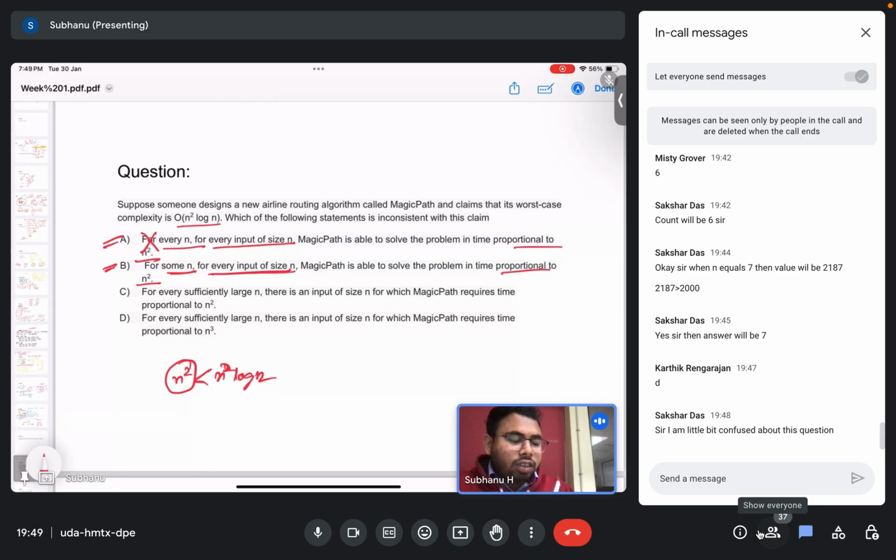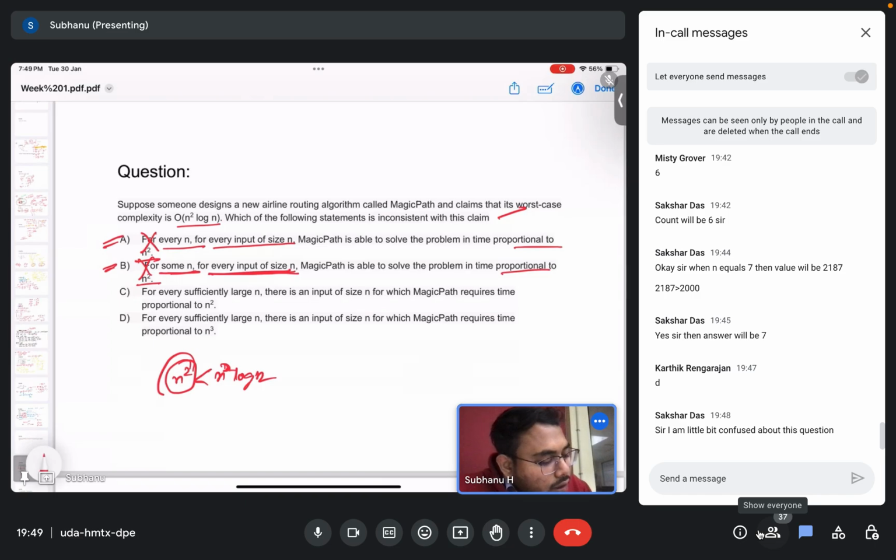Whenever we solve an algorithm, we find the time complexity, and always we find the worst case complexity. We can't change n because n is always a very big number. So we can't commit that for some n, for every input size n, we can solve the problem within n square time. So this is also incorrect. This is inconsistent with this statement.